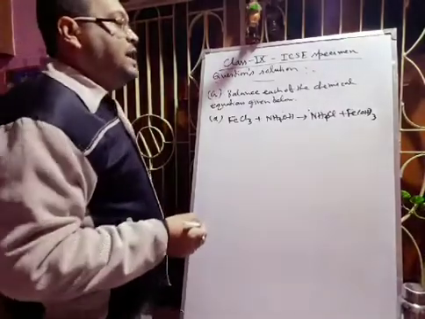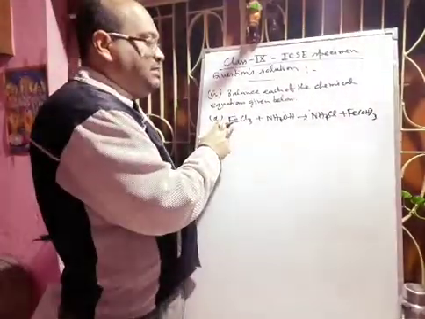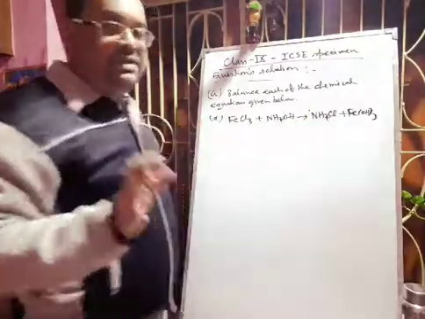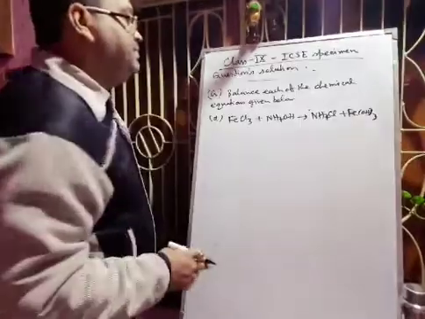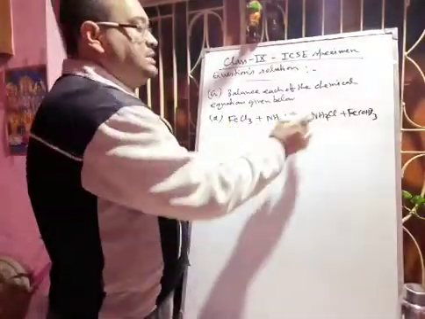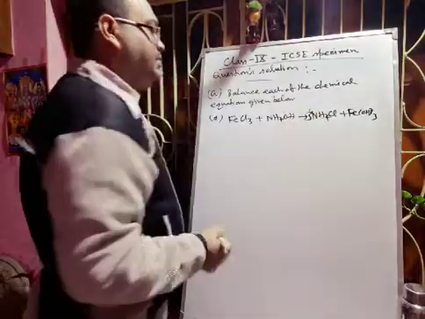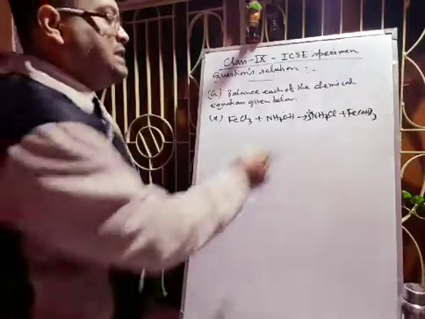Okay. Now here first we have to check that metal number is same in both sides. Yes, we are doing this balance by hit and trial method. Okay. So both side iron is same. Then we will go to the non-metal. Chlorine is there. Here 3 is there. Here 1 is there. So here you have to put 3. Next we will go for nitrogen, as here 3 nitrogen is there.